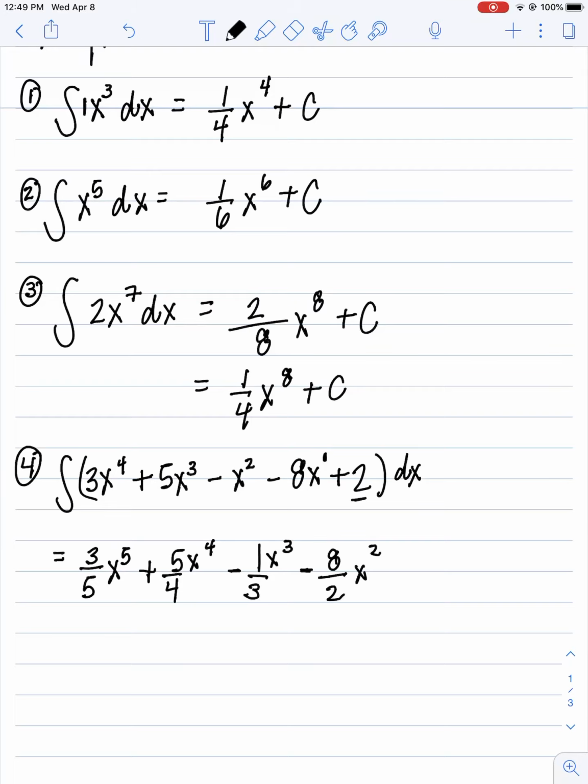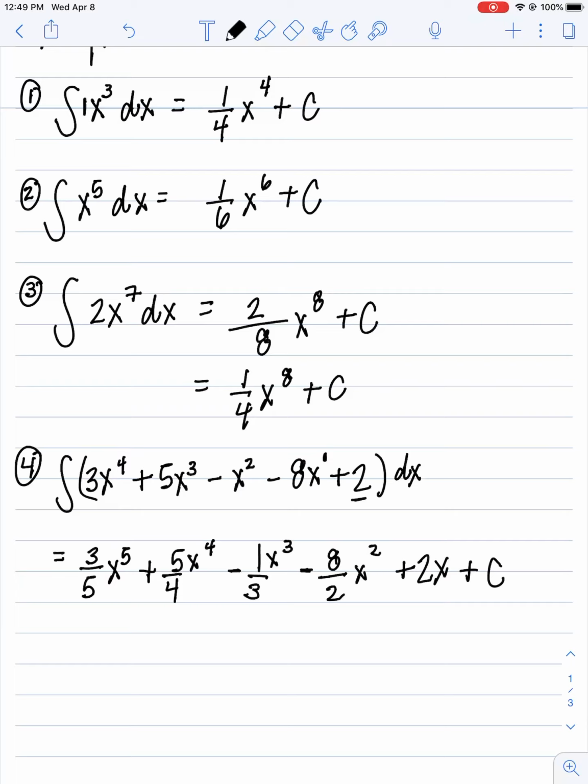The antiderivative of a constant, well, a constant doesn't have a variable, which means the exponent is 0, which means when you add 1 to an exponent of 0, you get an exponent of 1, which means that the antiderivative of 2 will just be 2x, guys. Okay, and then don't lose your points, put your plus C, okay? And so then the next step, guys, would just be to clean it up.